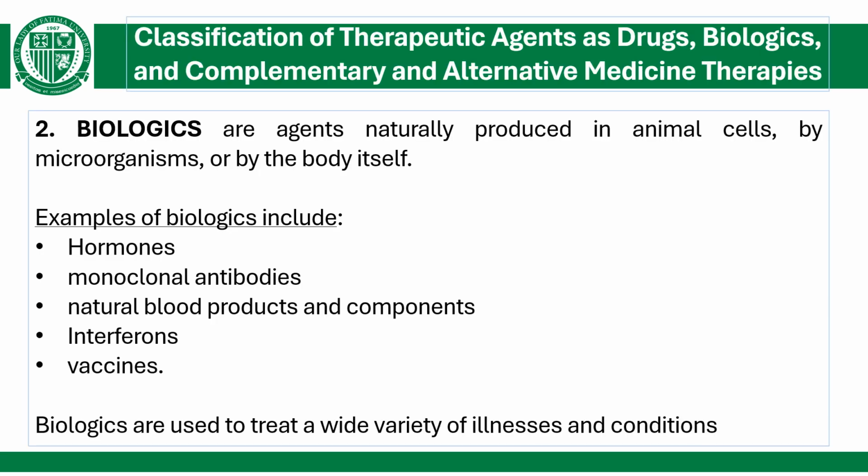Now, another form of the classification of therapeutic agents, number two, the biologics. These are naturally produced from either animals, from microorganisms, or from our bodies themselves. So we have the hormones, for example, and the blood products and components.